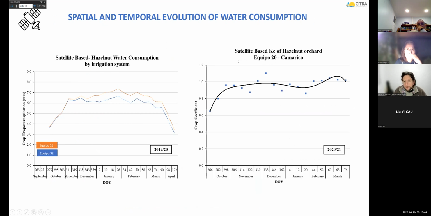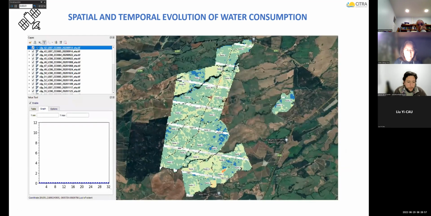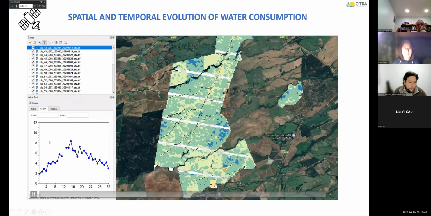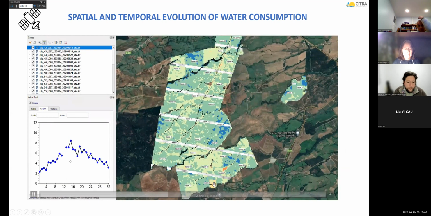And we can also compute for each plot of the field satellite-based Kc values, also calibrated by the METRIC model, and see with GIS maps the evolution of the Kc in the different plots of the orchard.